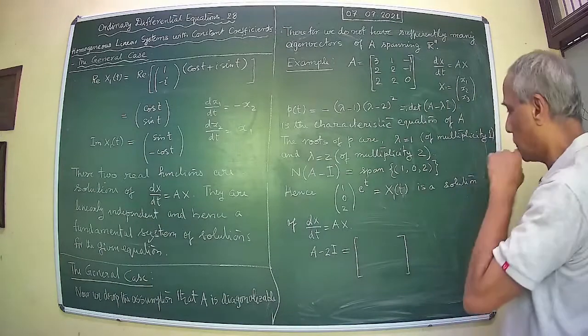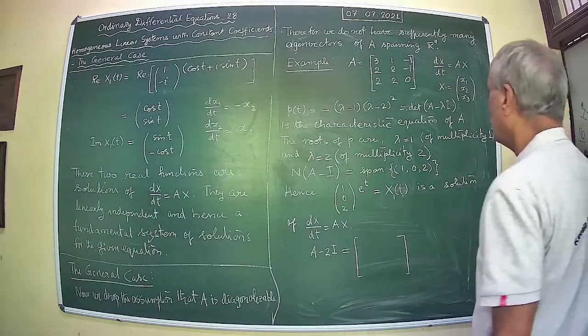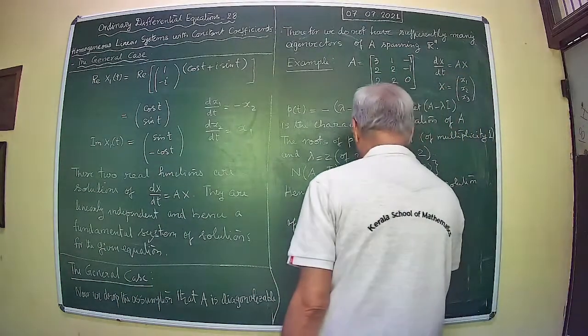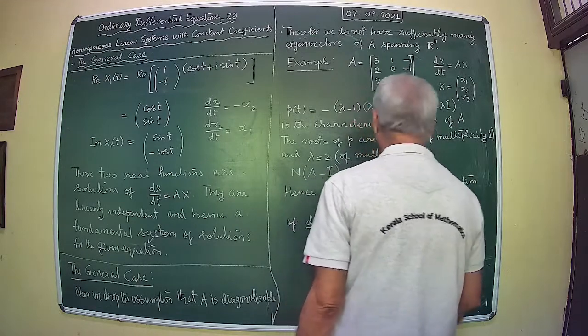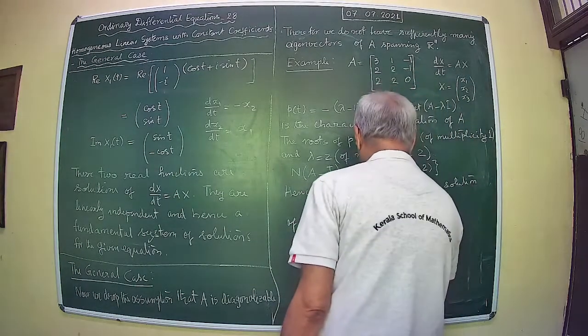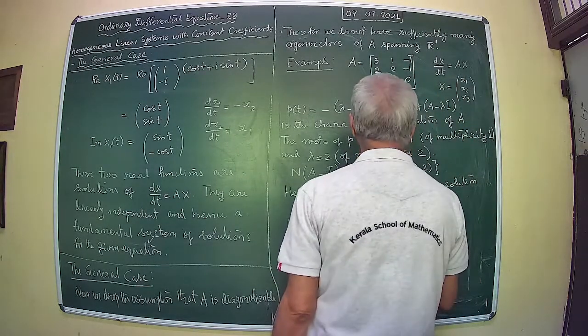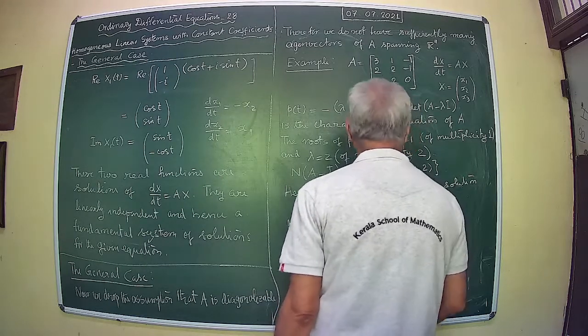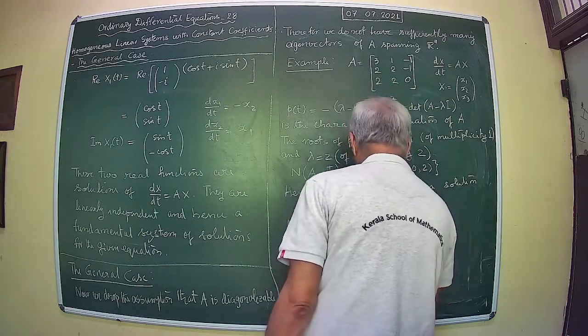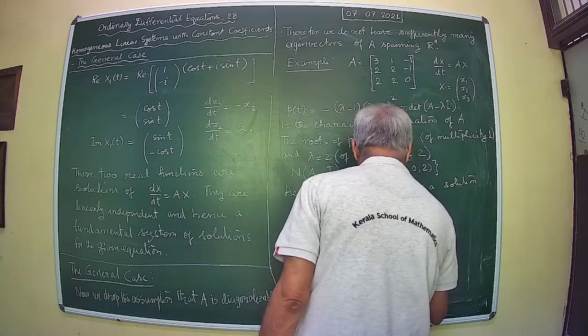This is equal to minus 1, 2, 0, minus 1, and the other one is 2, 2, minus 2.